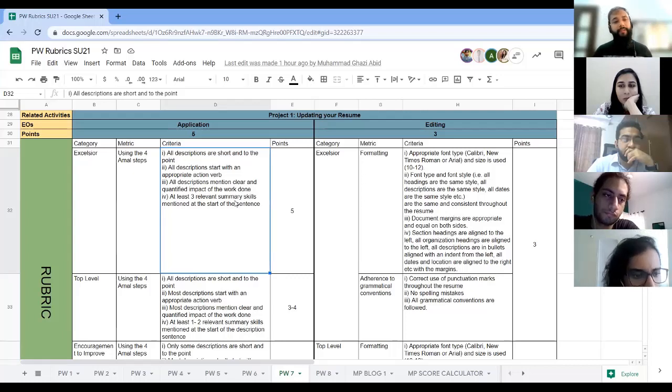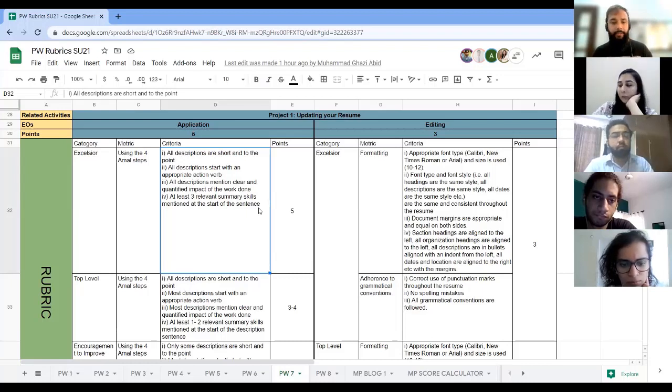Therefore, the criteria in relation to that metric are: the descriptions are on point, action verbs have been used, quantification of the descriptions, and the last one is the use of summary skills. So these are the 4 things that you're looking for in a resume when you're checking for application of the points.